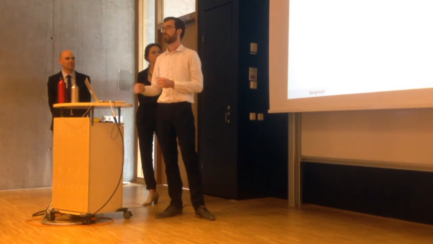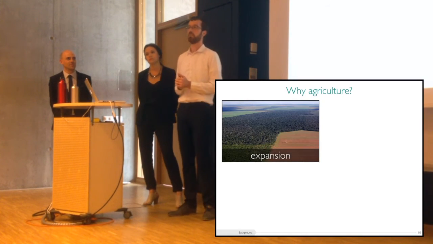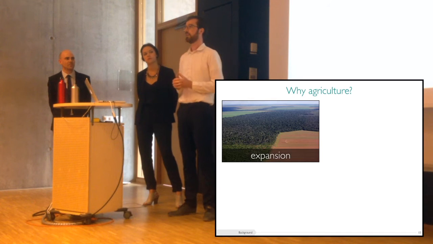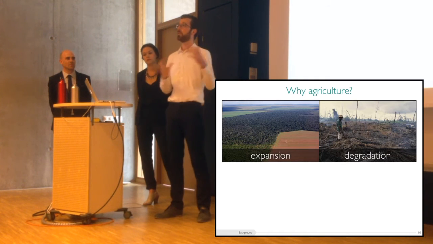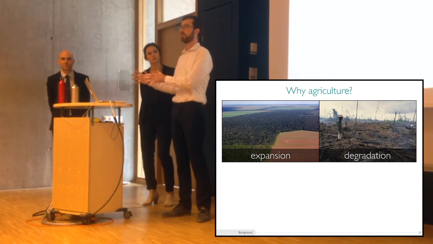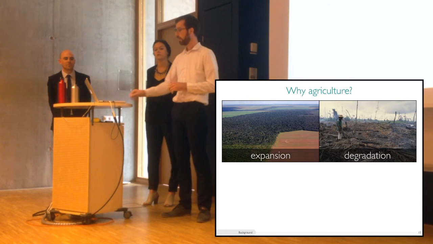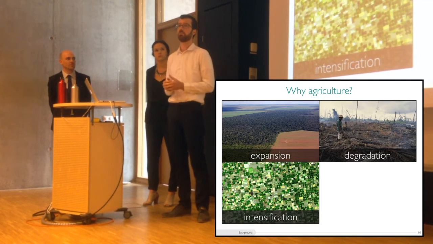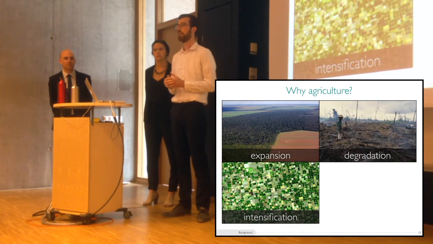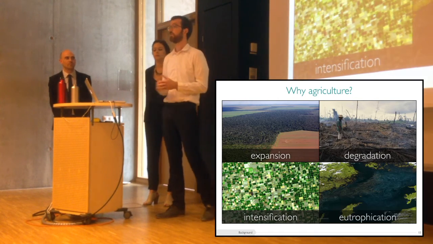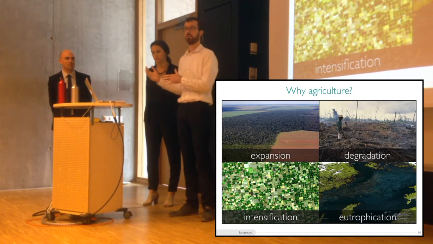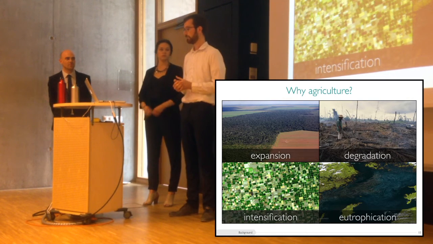Some of these consequences are the expansion of arable land, such as cropland and pasture, into natural vegetated areas, such as tropical rainforest, which have impacts of degradation both of these biospheres as well as then of the soil later on. On existing farmland, we've intensified through the use of fertilizers and pesticides, the use of mechanization and irrigation, and some of the negative consequences of that are issues such as eutrophication, a local example here in the Baltic Sea, which I'll get back to later.